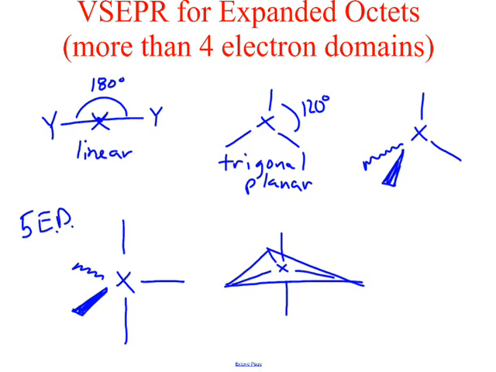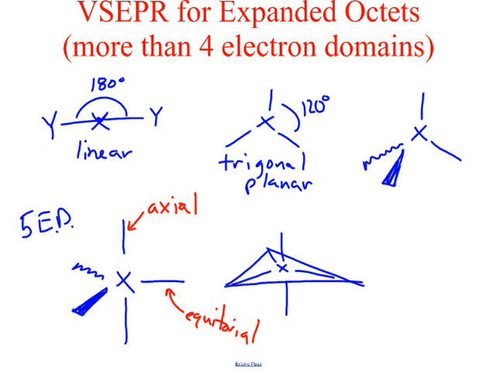These are called equatorial positions. The positions at the top and the bottom are axial. This is the one situation with 5 electron domains where the positions are actually different. So the axial positions and the equatorial positions are different.